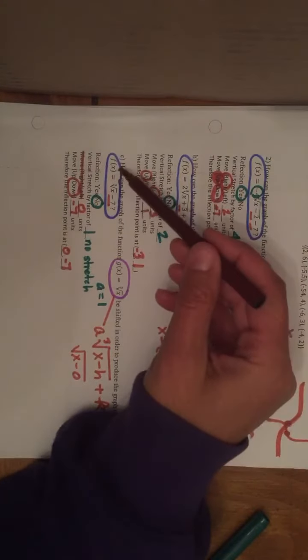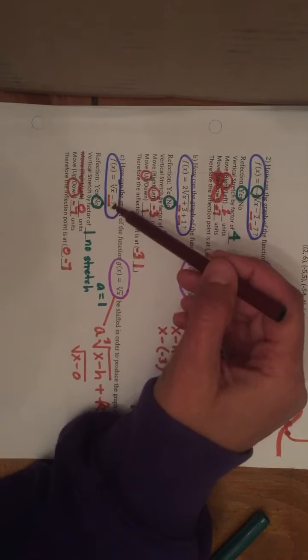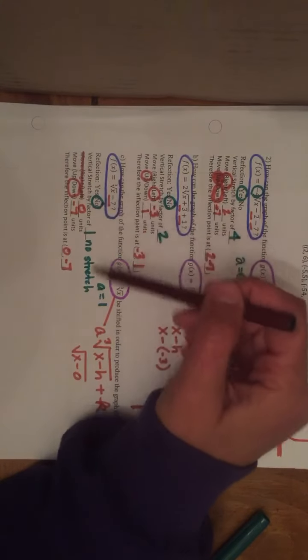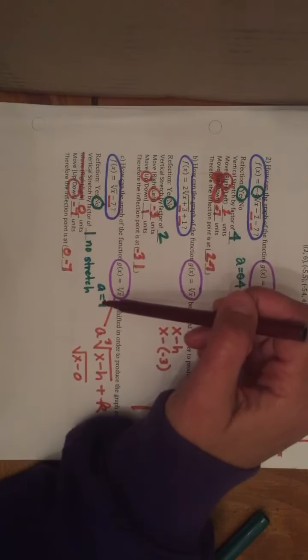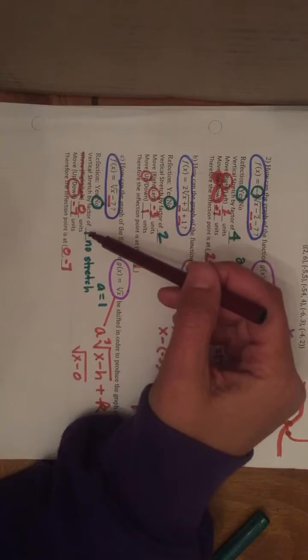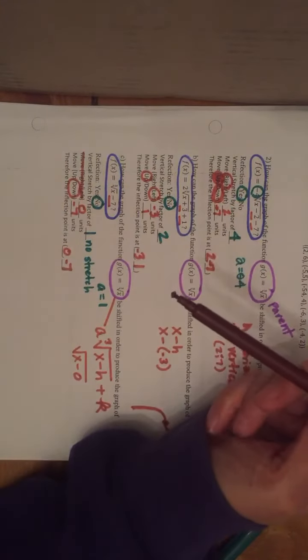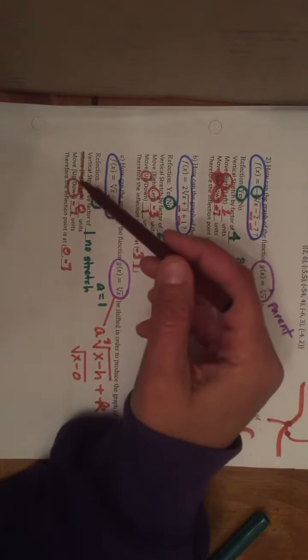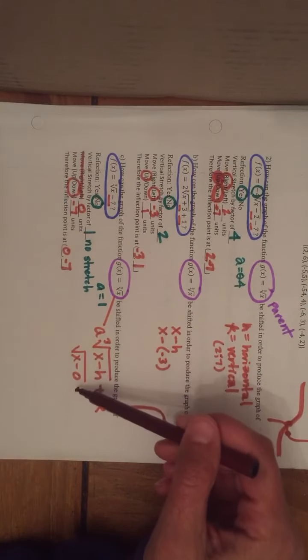The last one is f of x equals cube root of x, minus 7. So is it going to be reflected? The answer is no. The a value is positive 1, so it's not going to be reflected. The vertical stretch is 1. There is no stretch. When the a value is 1, there is no stretch or compression. And then 0 is your h value because there's nothing underneath. That's the same thing as saying x minus 0.